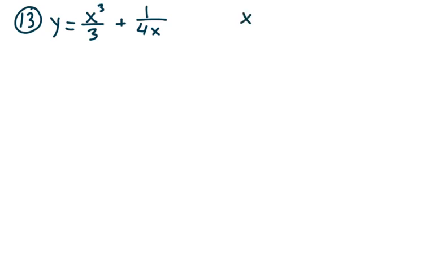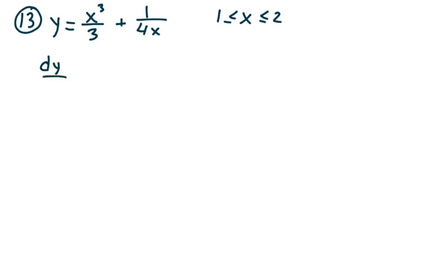Let's take a look at problem number 13. They start to get a little bit more difficult as we travel down the page, right? And so here, y equals x cubed over 3 plus 1 over 4x. And here, x is less than or equal to 2 and greater than or equal to 1.